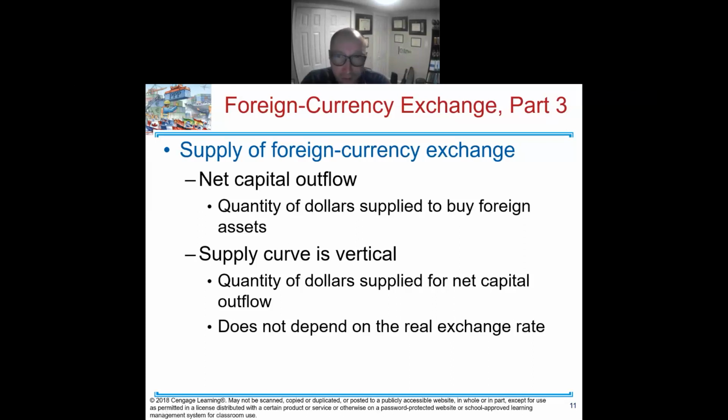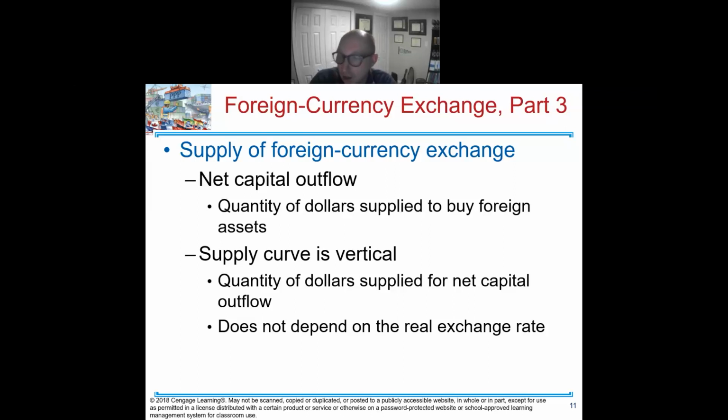And of course, there's a supply of foreign currency exchange. This is where the quantity of the dollar supplied to the foreign assets is represented. So when you go to the bank and you use your US dollar and you exchange it, where did the bank get that currency from?